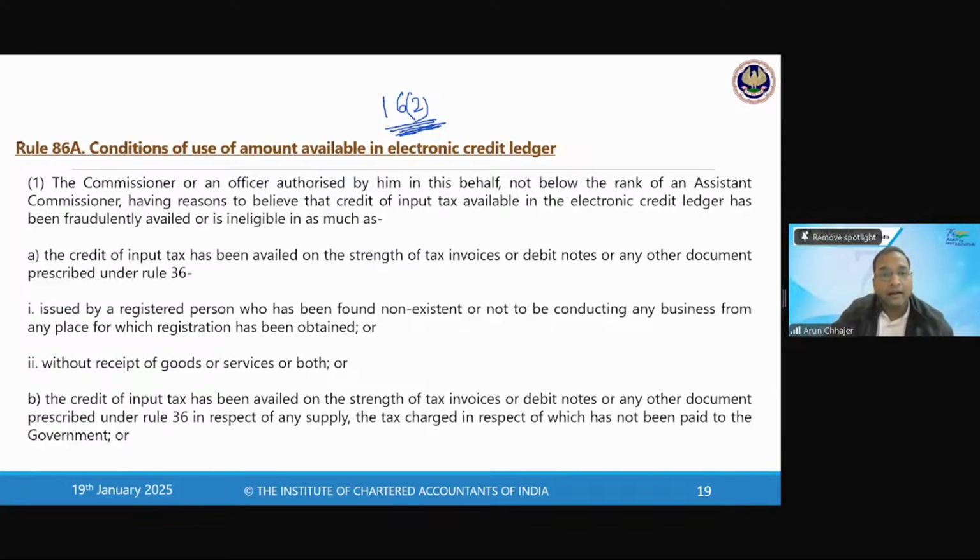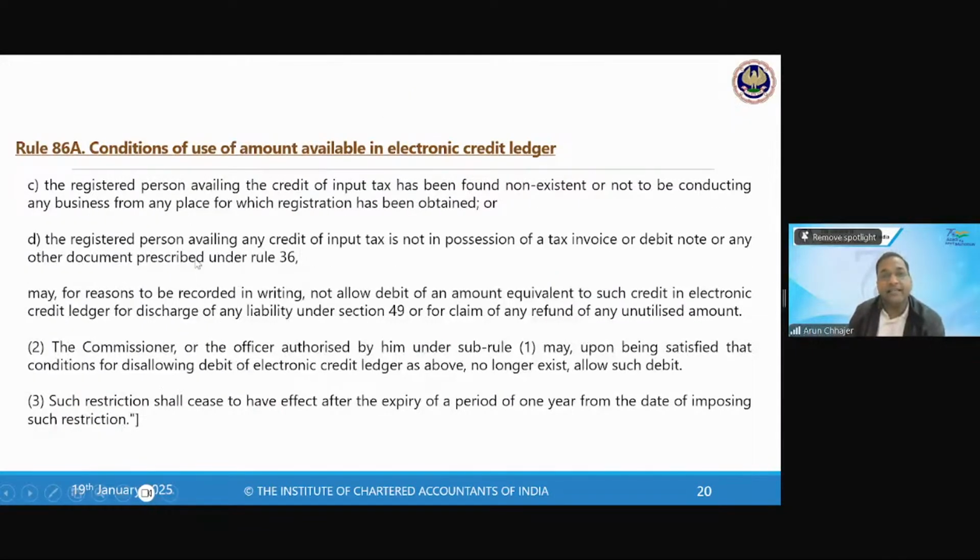So I can say again, this is a condition of 16.2. This is also a condition of 16.2. This is new, I can say it is not given in 16.2, no problem. The credit that you have availed has not been paid by the supplier to the government.